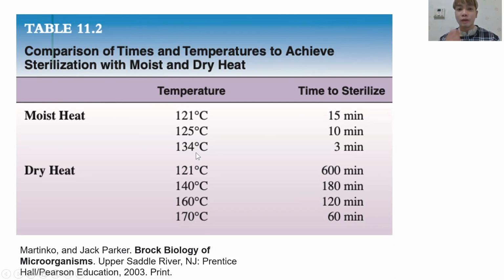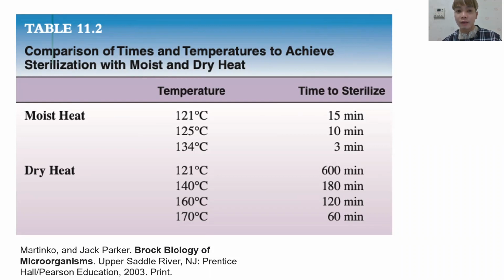Okay, so usually in the lab, we're using moist heat to sterilize yung mga Petri plates, media, glasswares at 121 degrees Celsius for 15 psi or 15 pound square inches.